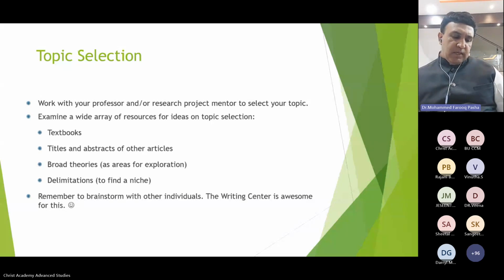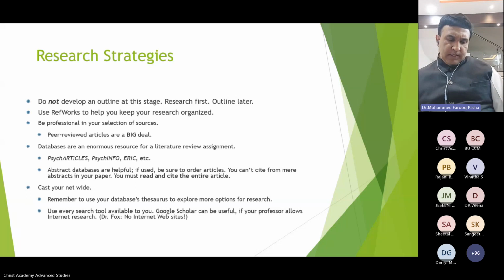So when it comes to your research strategies, the next slide. Do not develop an outline at this stage. Research first, outline later. See, you cannot draw boundaries and say that here only I'll start and I'll conclude my research. Start with it, proceed. Let us see where exactly it is heading.